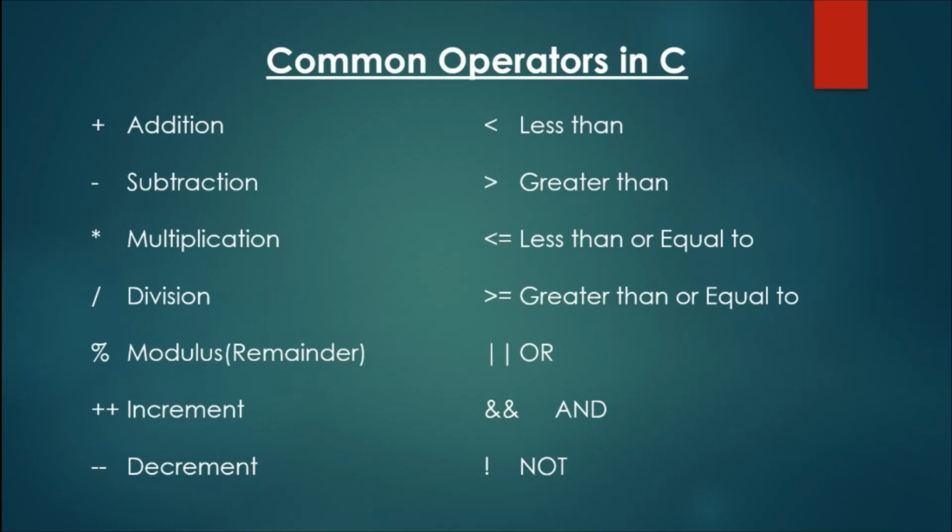However, we have less than or equal to, greater than or equal to, and then we have these two bars. These two vertical bars are going to represent a logical OR, and this key is right above your enter key. Next we have the two ampersands, and this will represent a logical AND. And finally we have the exclamation mark, which most programmers pronounce bang, and this is going to represent a logical NOT.